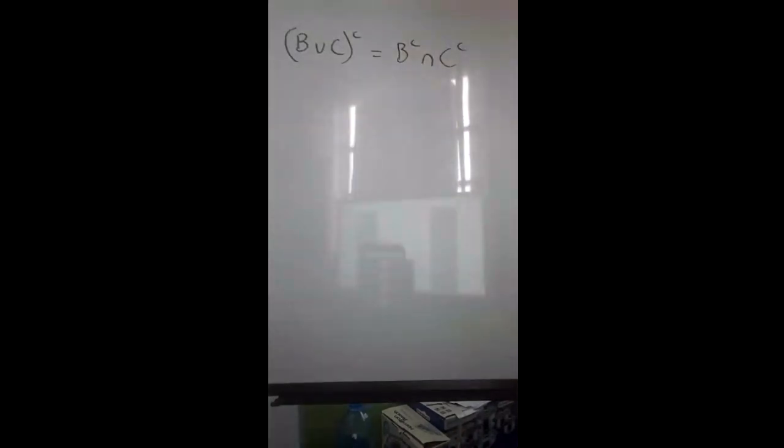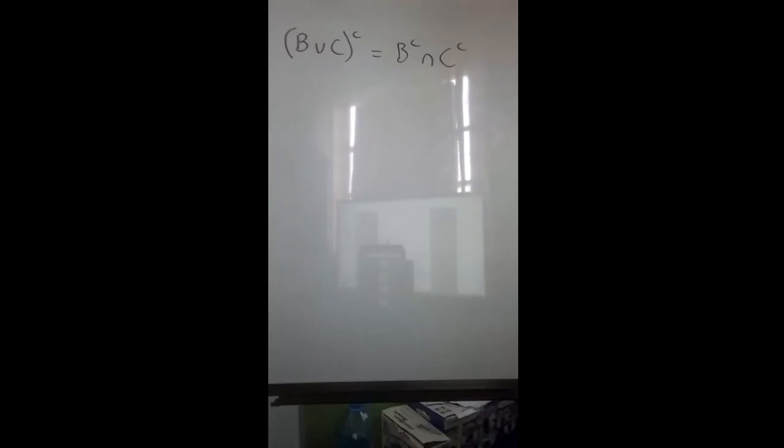So B union C, the complement of the union is equal to the intersection of the complements. That's a nice way to say it. I usually think of it like the distributive law, and just change the union to the opposite, or intersect to the opposite.